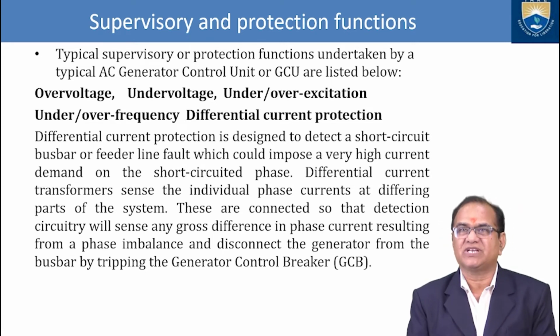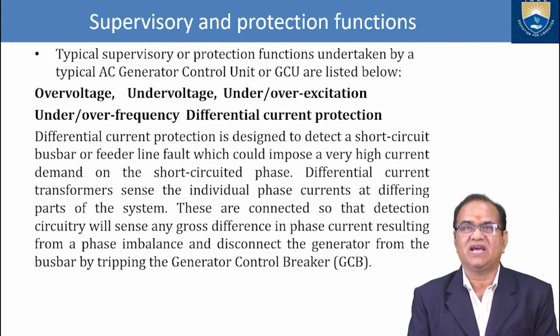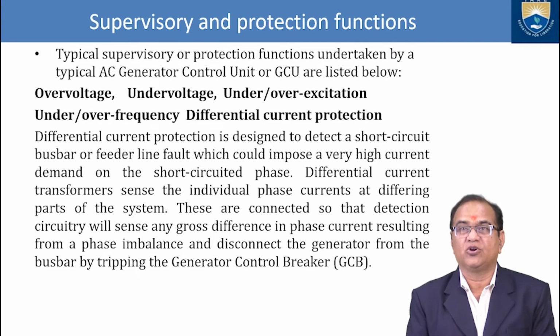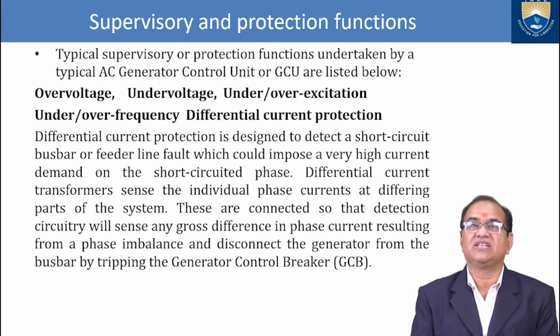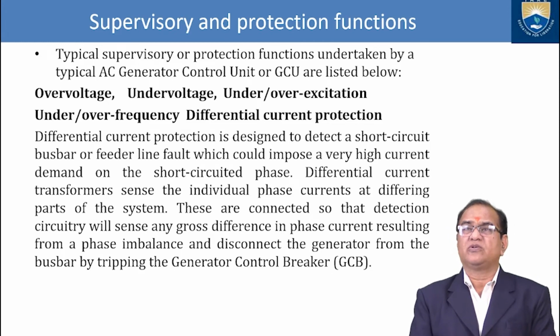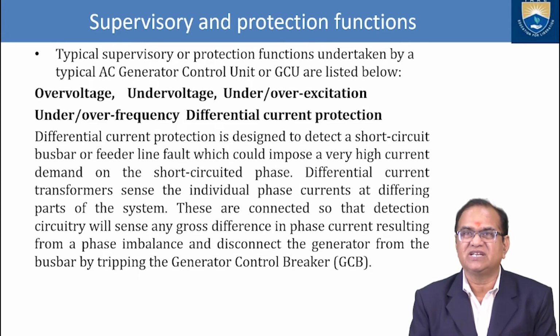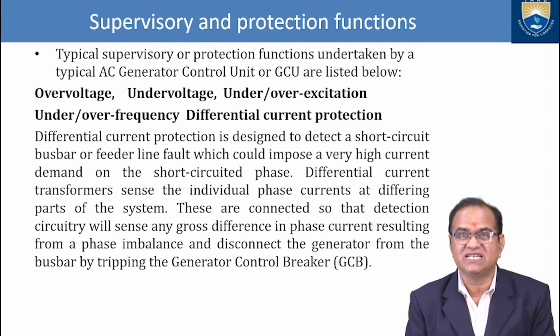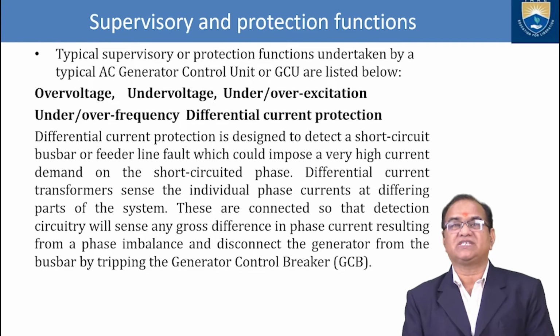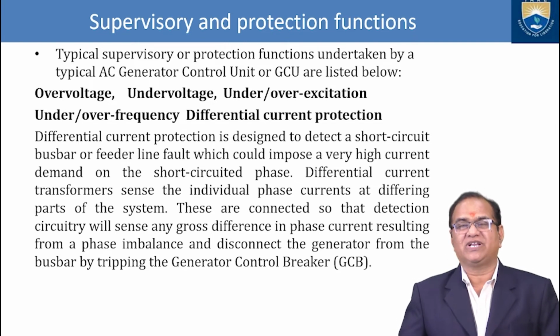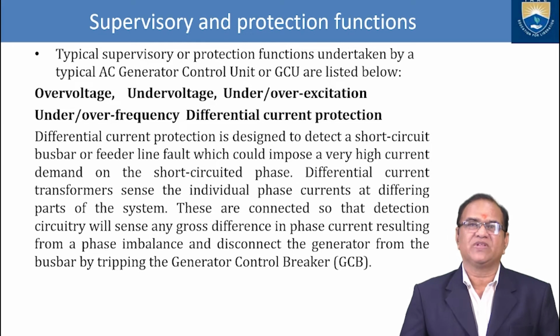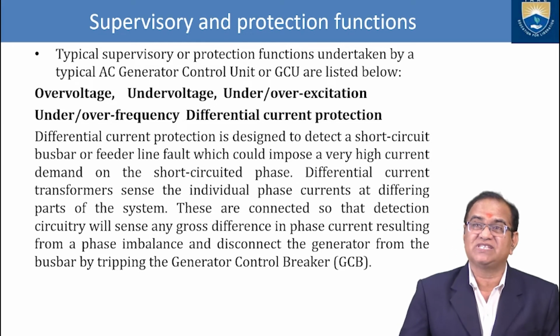Typical supervisory or protection functions undertaken by a typical AC generator control unit, or GCU, are listed below. These are the functions which the supervisory system has to undertake: over voltage regulation, under voltage regulation, under/over excitation, under/over frequency, and differential current protection.